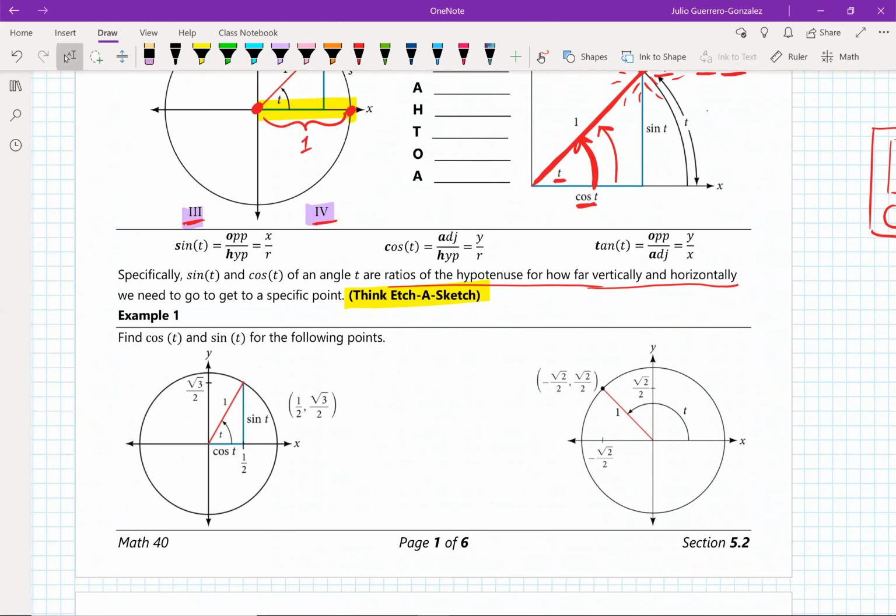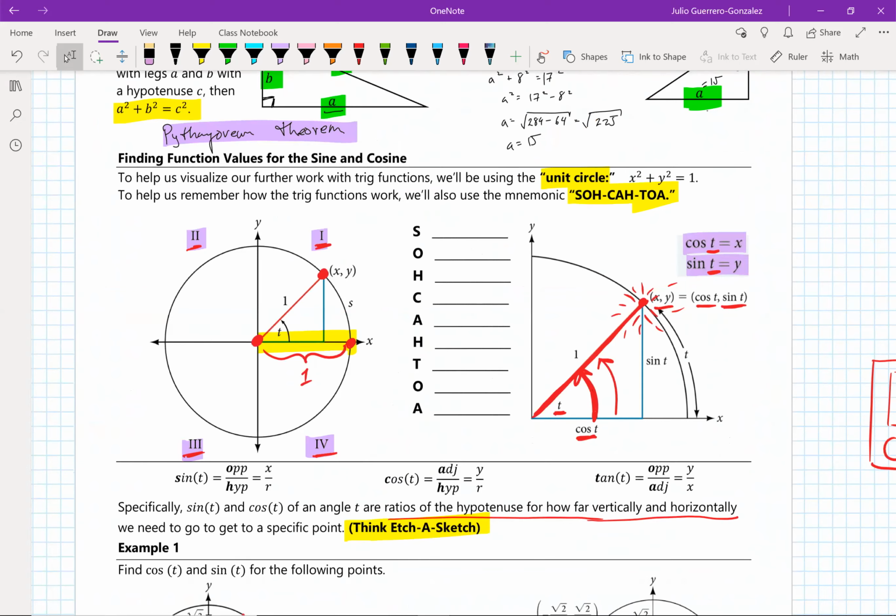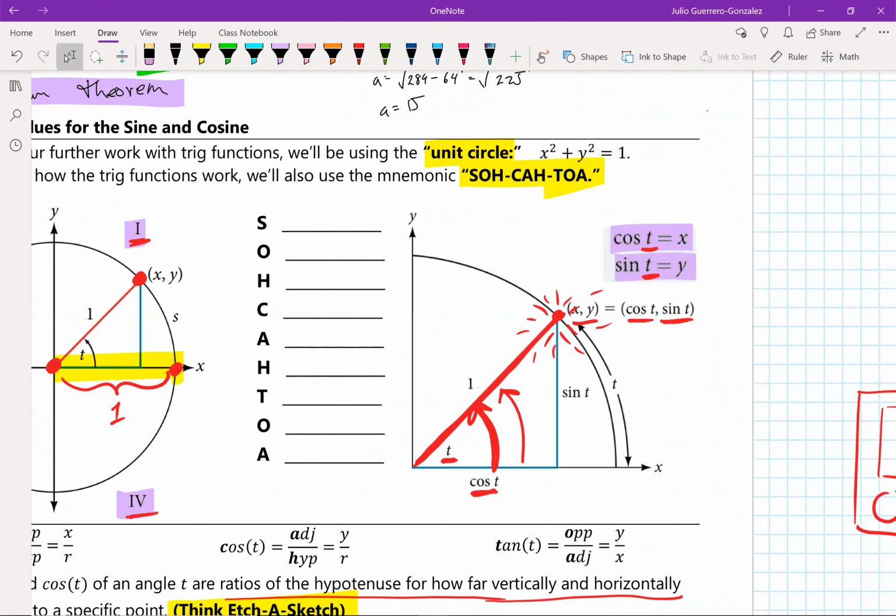Now, here's where I left off on Monday. Let me get rid of all my signs here. There we go. Okay. So that in itself leaves this big triangle that's right here.